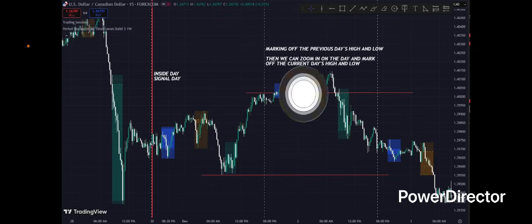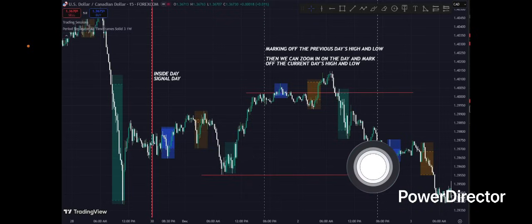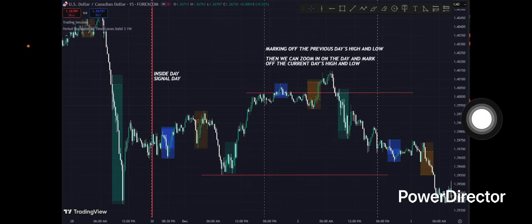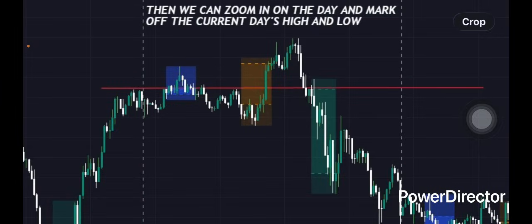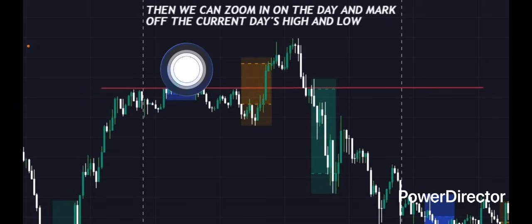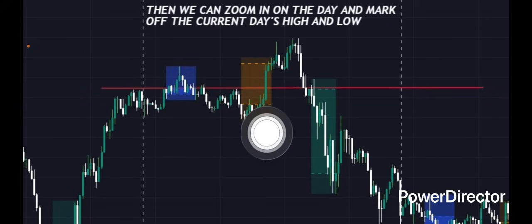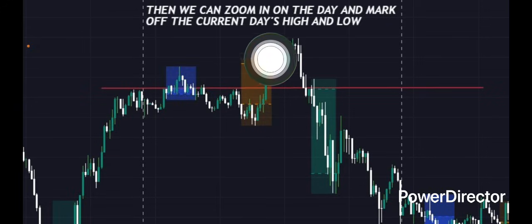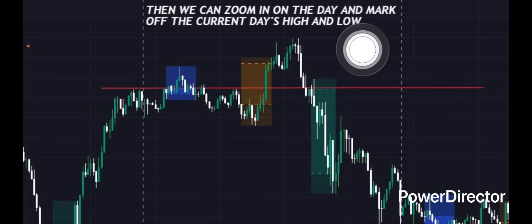Okay, we're marking off the high, marking off the low, right? And then we can zoom in and mark off the current day's high and low. Okay, and our current day's high and low is this Tokyo high, London low, but then here in London we break out, putting in new highs, all right?